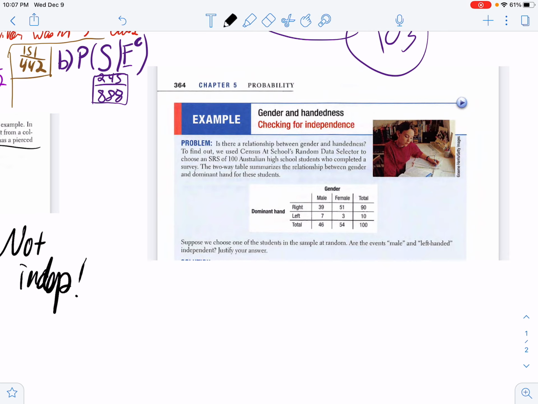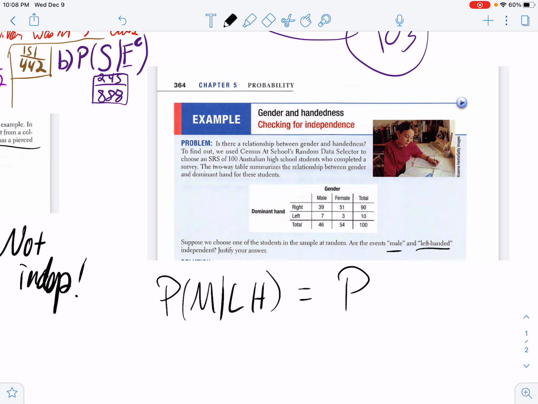All right, and we'll do it here again. We want to know if the events male and left-handed are independent. So we want to know if the probability of male given left-handed is equal to the probability of male. And what is the probability of male given you're left-handed?